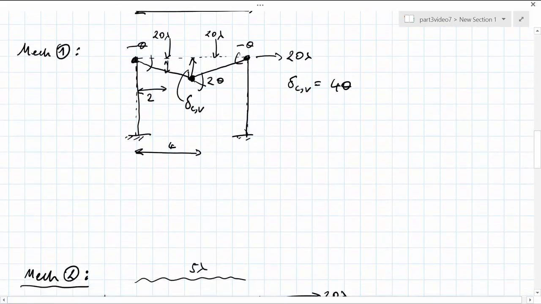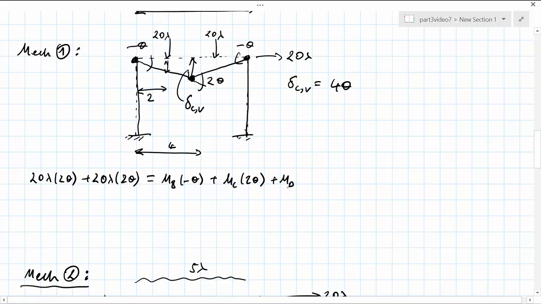Performing virtual work, 20 lambda times 2 theta, which is the first concentrated load, plus 20 lambda times 2 theta, which is the second concentrated load, is equal to MB times minus theta plus MC times 2 theta plus MD times minus theta.